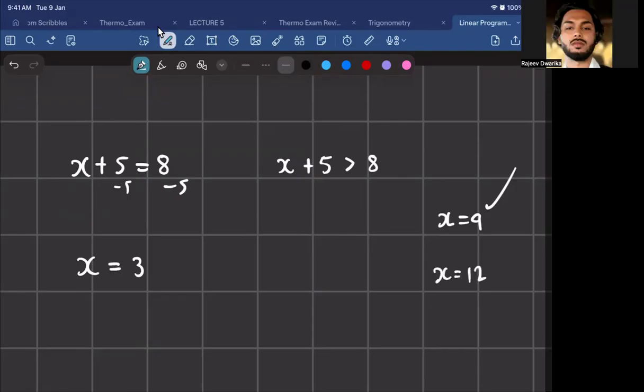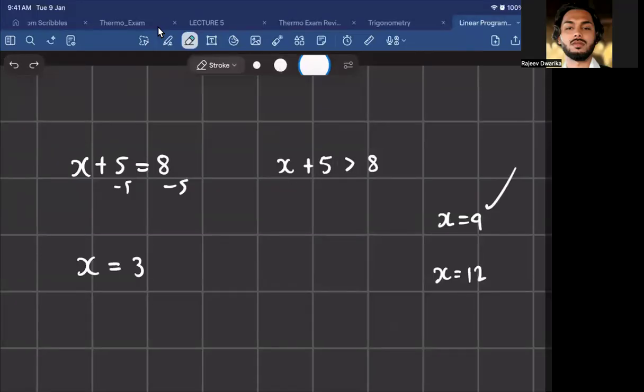If you say x is equal to 12, what's 12 plus 5? 17, right? Is 17 more than 8? Yes, sir. Would it satisfy the inequality then? Yeah. Okay.